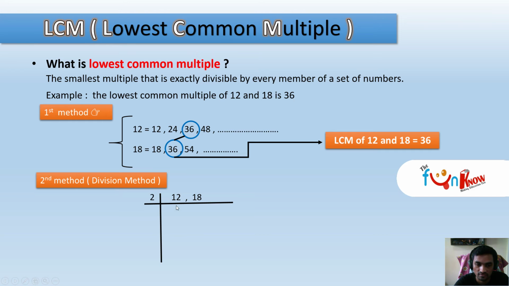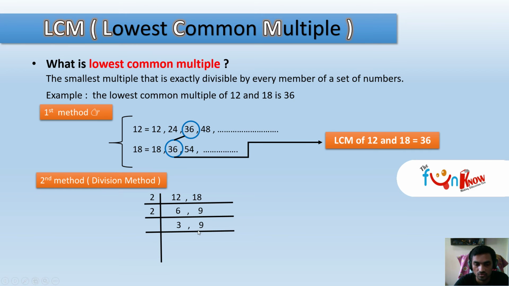If you divide 12 by 2, you get 6, and if you divide 18 by 2, you get 9. Now the numbers are 6 and 9. 2 can divide 6, but 2 cannot divide 9. So we divide 6 by 2 to get 3, and we keep the number 9 as it is.